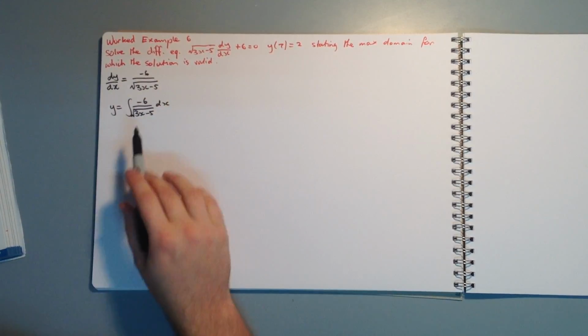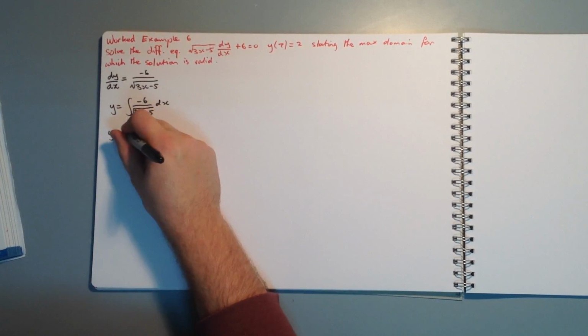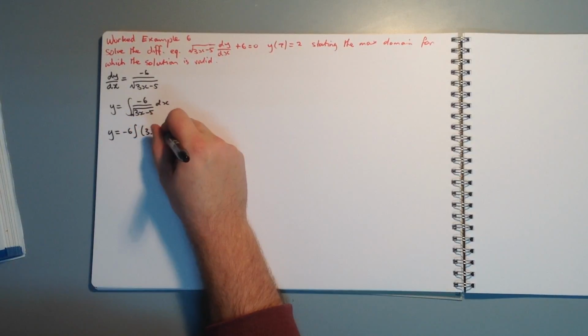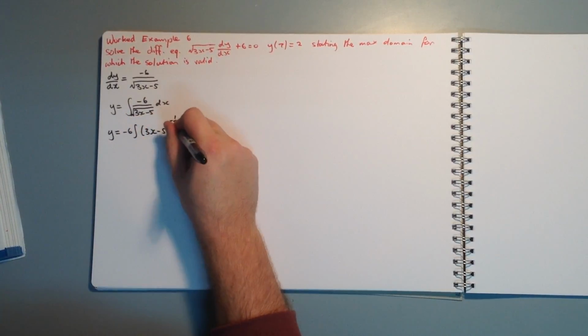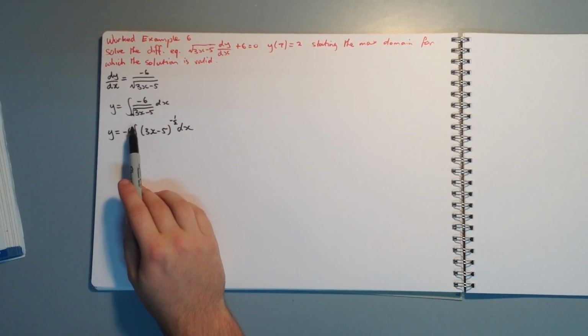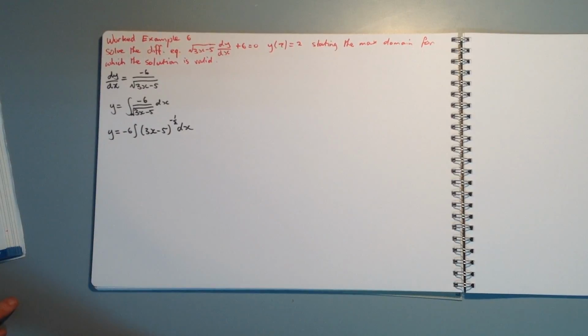Well, we can bring our minus 6 out the front, making it minus 6 times the integral of 3x minus 5 to the negative a half dx. So we can just express 1 over the square root of 3x take 5 as 3x take 5 to the power negative a half.